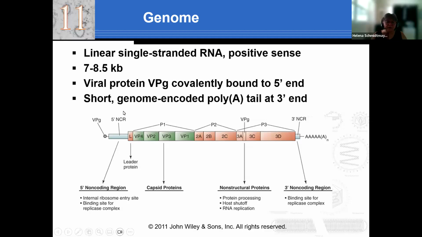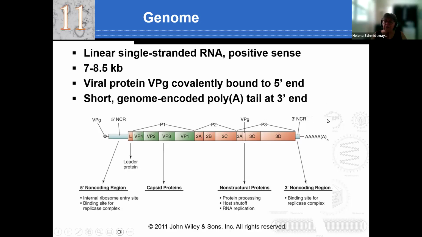Also, picornaviruses have a very large 5' non-coding region, which plays a very important role in the docking of the viral RNA onto ribosomes. The genome has three regions, P1, P2, and P3, and after the polyprotein is synthesized based on this RNA, each of these regions is cleaved into individual proteins.